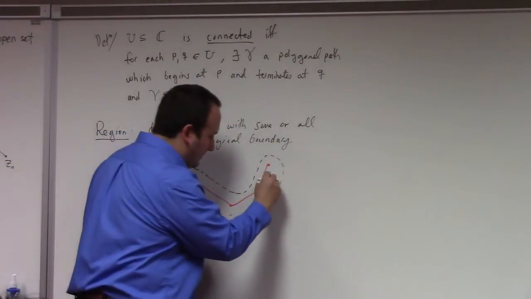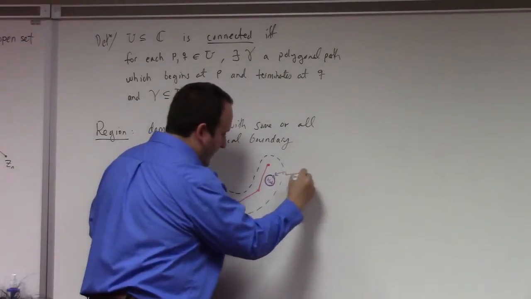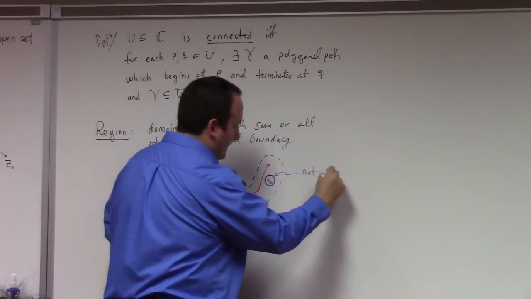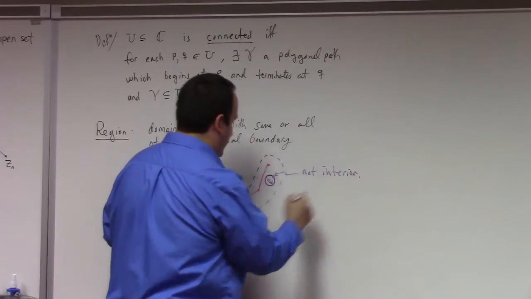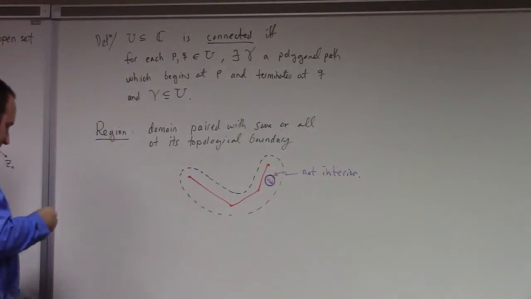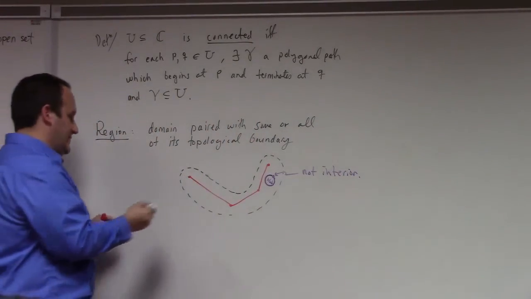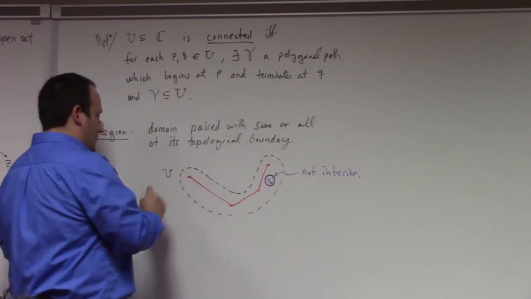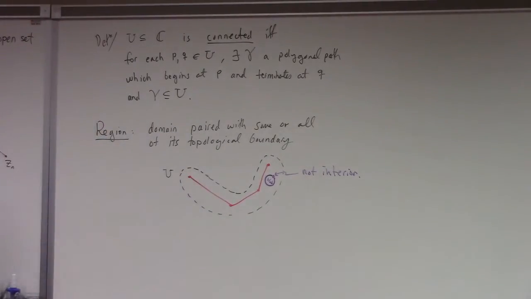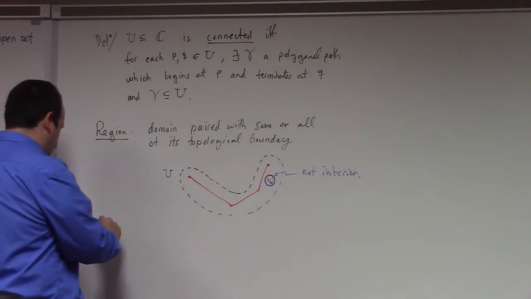Like this point right here. It's not interior, right? So that means that if I have that set, it's not open because not every point's interior. So this would be an example of a region. So the interior of a region is a domain. What's the interior of a set?